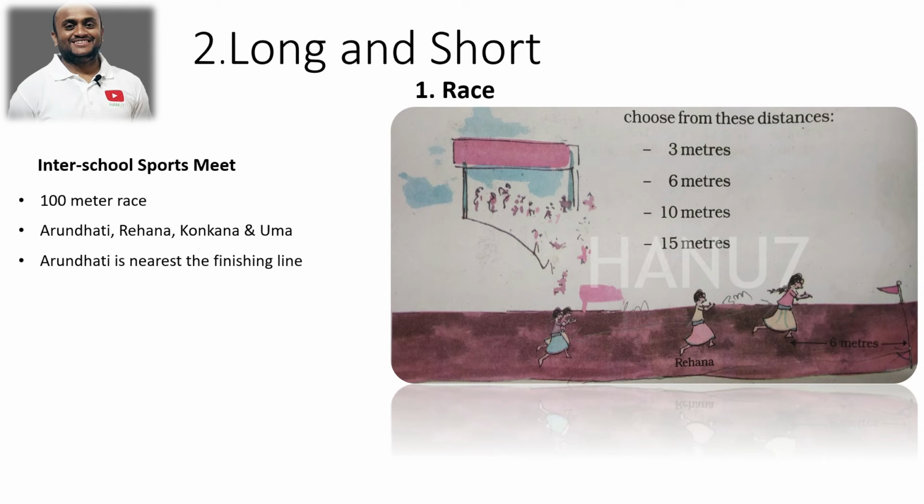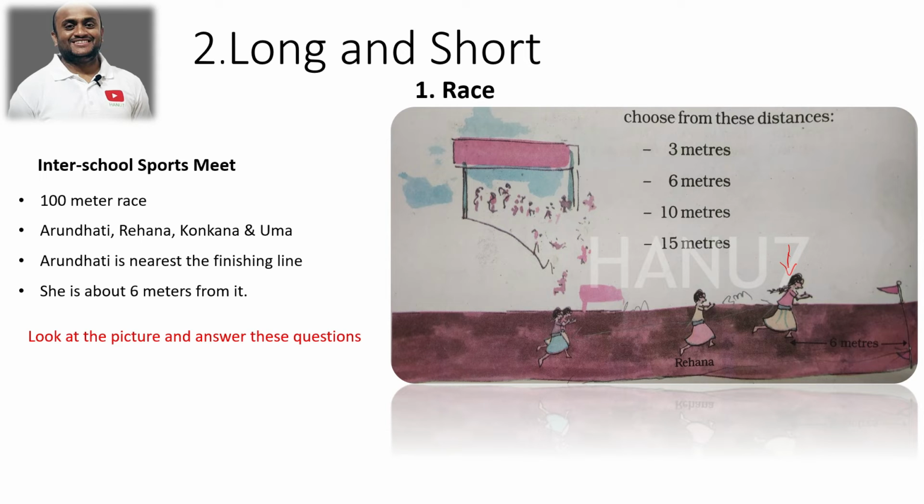Among those four, Arundhati is running fast and she is nearest to the finishing line, about 6 meters. It is very clear in the picture that she is 6 meters from it. So the one nearest to the finishing line is Arundhati.